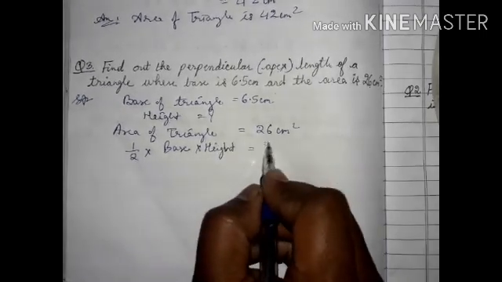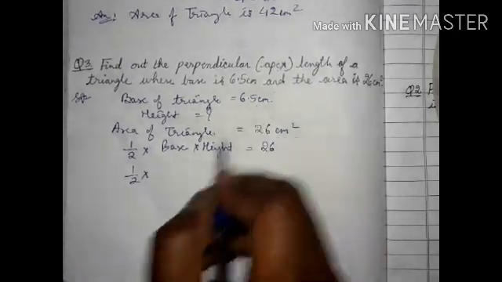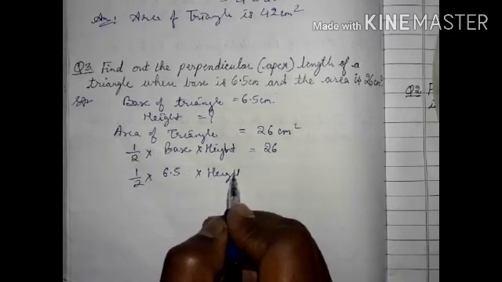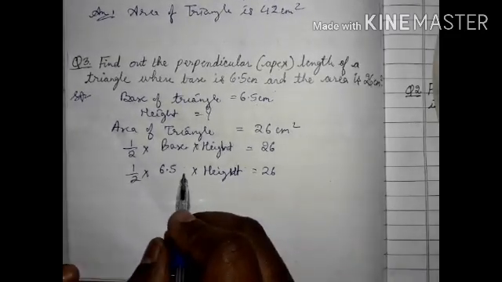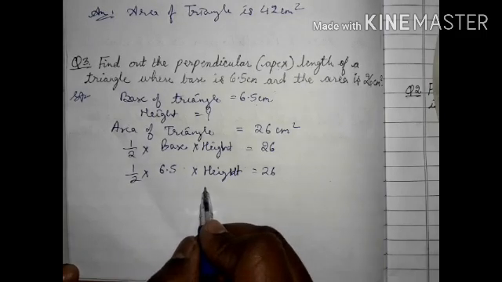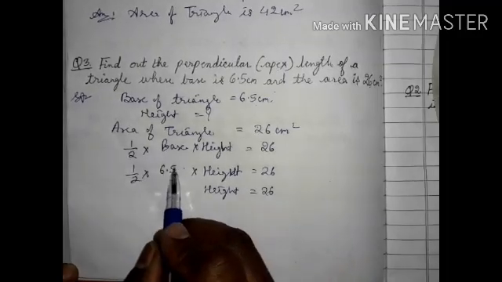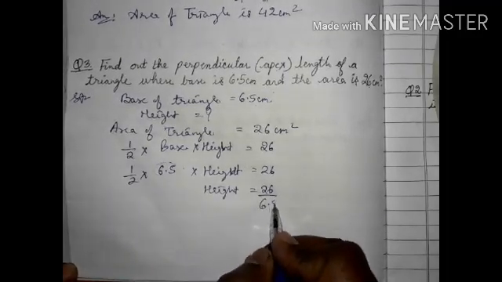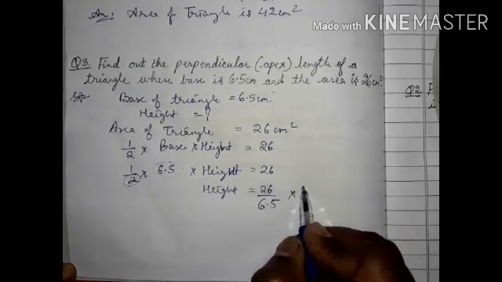And on that side we have to put the value. Now half into, in the place of base we have to write 6.5 multiplied by height, is equal to 26. Now height is equal to 26. Now it will cross multiply. This is in the numerator, so it will come in the denominator, and this is in the denominator, it will go in the numerator.